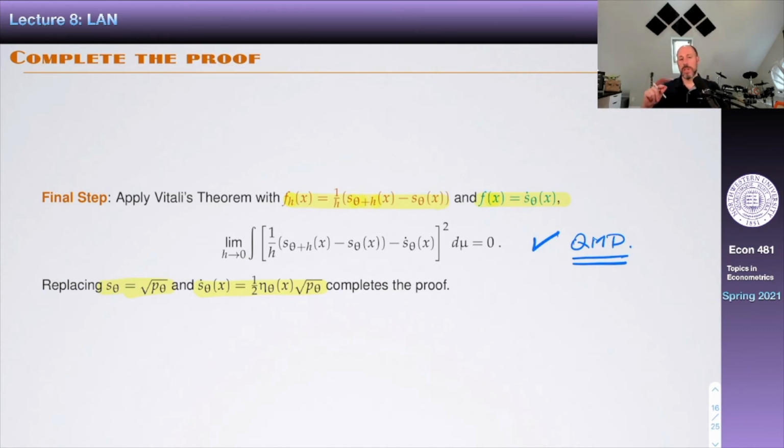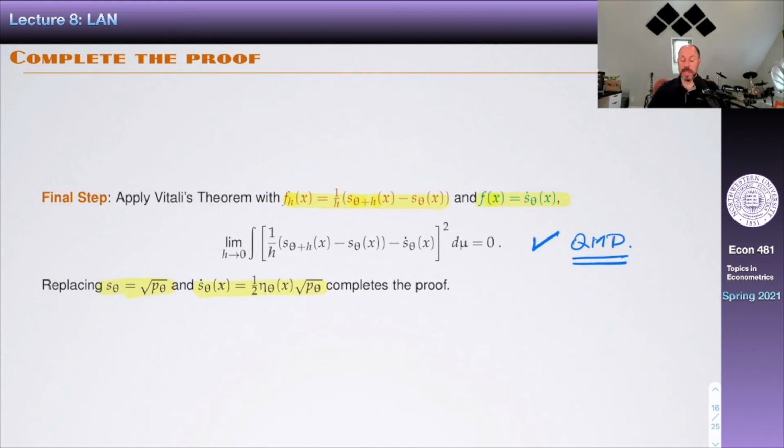So notice how we proved the one condition that we need for local asymptotic normality, which is differentiability in quadratic mean. We proved that condition by simply using that the density was continuously differentiable. Okay. And so, as I said, it's not that I particularly care.